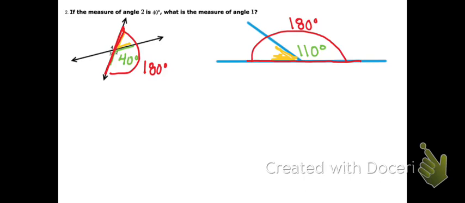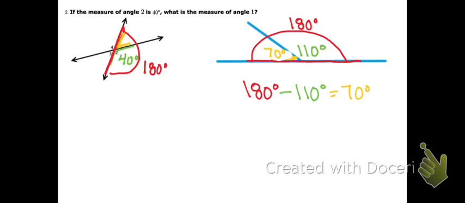So how can I figure out that yellow angle? Well, I'm going to take 180 degrees and I'm going to subtract the angle measure I do know and see what's left. And I see that 70 degrees is left. So that means my yellow angle is 70 degrees. 110 plus 70 is 180. So that makes sense.